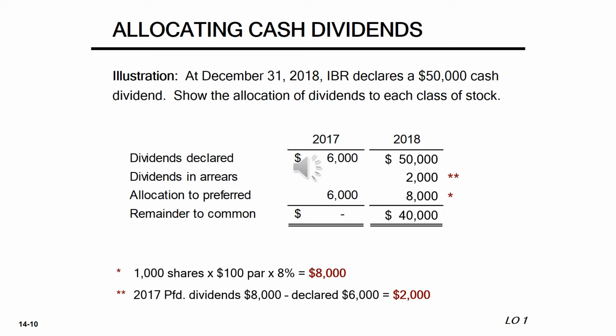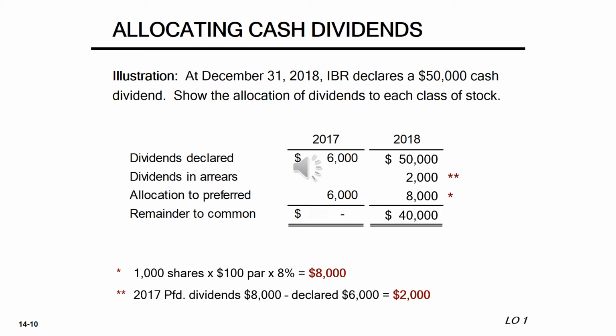But since the company is only giving out $6,000, all of that $6,000, as you can see in the 2017 column, is going to go to the preferred stockholders. So the allocation to preferred stockholders is going to be $6,000. Nothing is going to remain for the common stockholders, so they're going to get zero. In fact, we were supposed to pay the preferred stockholders $2,000 more because they should be paid $8,000.